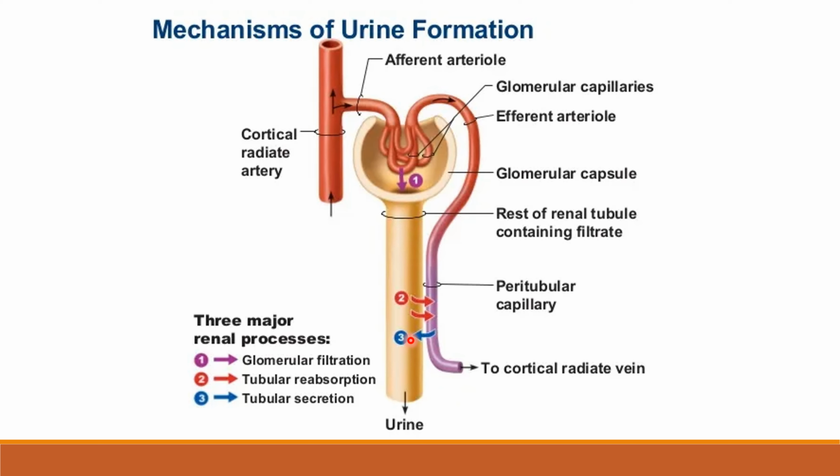So, in summary, the 3 major processes of urine formation: filtration, which takes place in the glomeruli, number 2, tubular reabsorption and secretion, which take place in the tubules. Here again, you see the afferent arterioles, glomerular capillary, efferent arterioles, peritubular capillary, then to the venules.